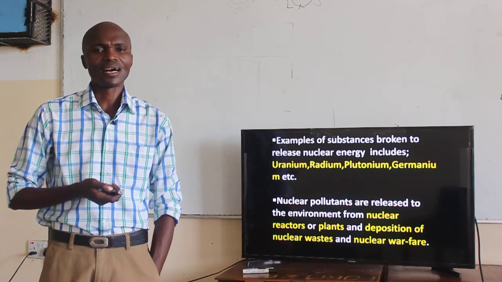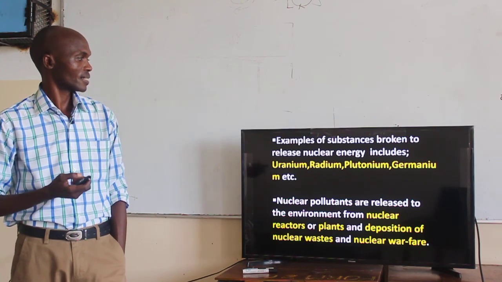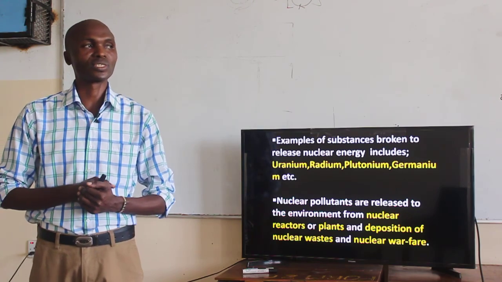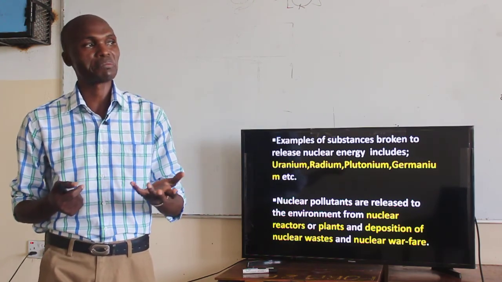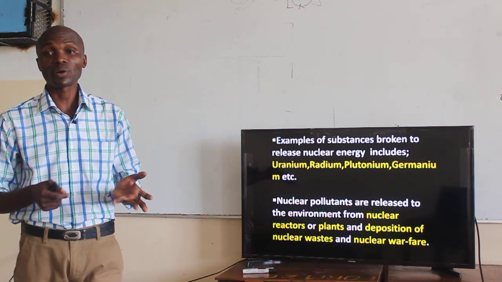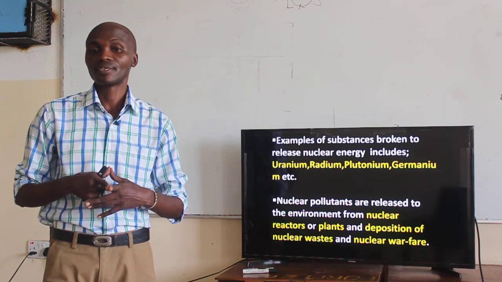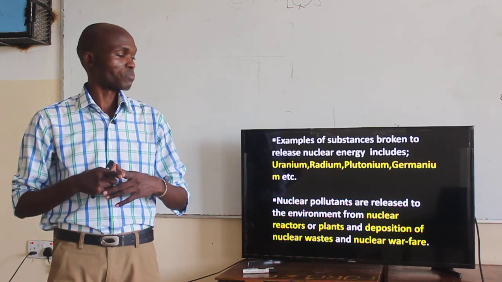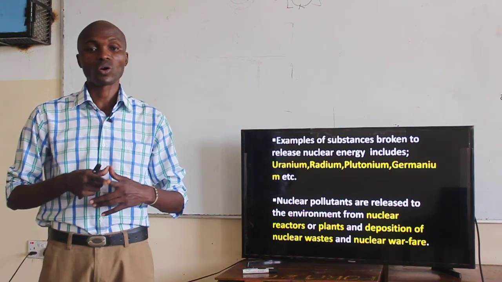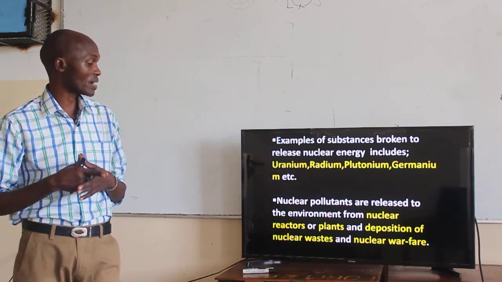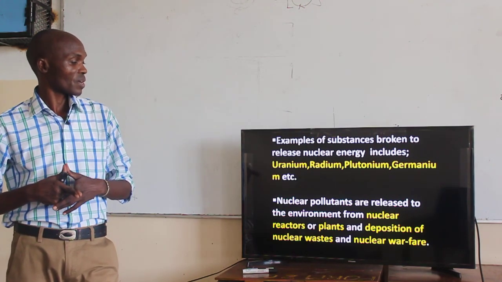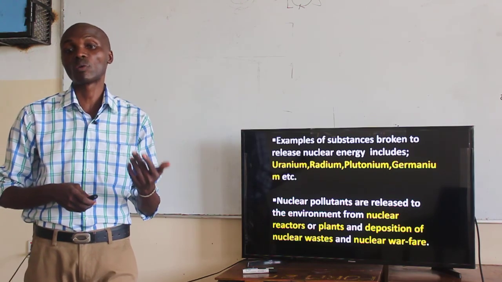We have examples of substances that are broken down to release nuclear energy. This includes uranium, radium, plutonium, germanium, and the like. Nuclear pollutants are normally released to the environment from either nuclear reactors or nuclear plants, or sometimes deposition of nuclear waste, that is improper disposal of nuclear waste, or sometimes from remnants of nuclear warfare.